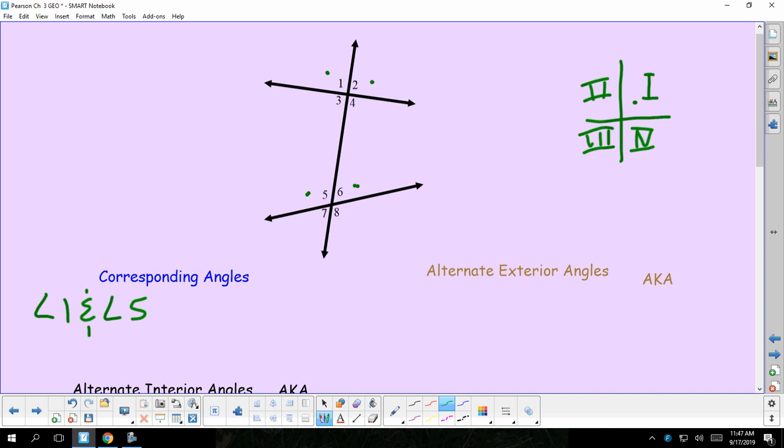The next, angle 2 is going to go with angle 6. See if you can come up with the next two.